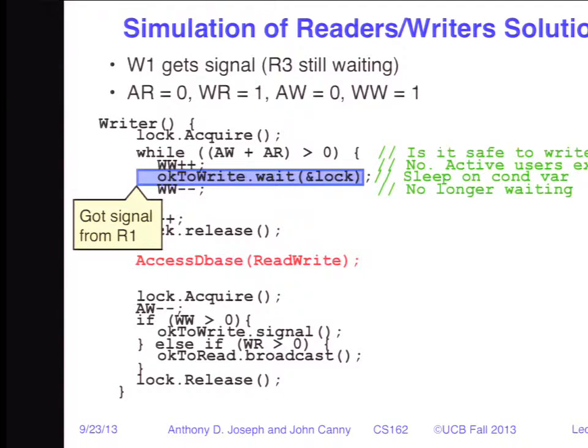Because the readers are only reading the database, not modifying it, they're always going to get the same answer. There is no race condition that can occur between readers. As long as nobody else is modifying the data, and that was our condition, writers can only enter when there are no readers in the database, we're guaranteed that the readers are always going to get the same values, regardless of what ordering or interleaving or when context switching occurs.